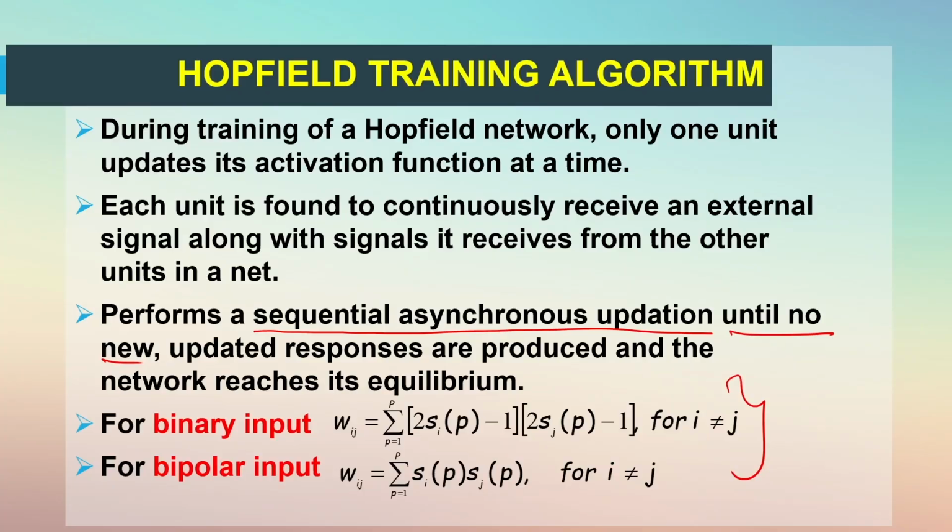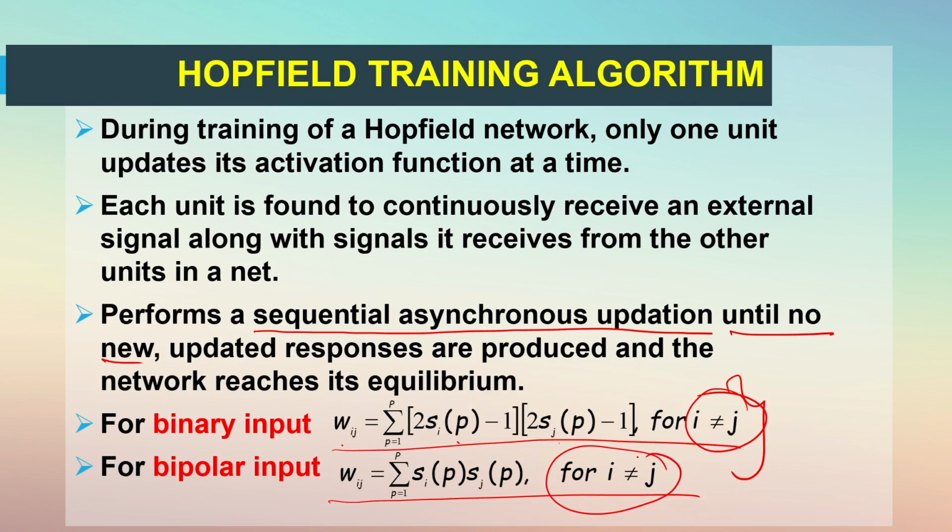So, how has this weight updation been carried out? This is the weight updation equation for the binary input, and this is the weight adaptation equation for bipolar input. Wij is equal to summation p equal to 1 to capital P of (2Si(p) minus 1)(2Sj(p) minus 1) for i not equal to j, because there is no self loop. Likewise, for bipolar, the 2 and the minus 1 are removed: Wij equal to summation of Si(p) and Sj(p), for i not equal to j.